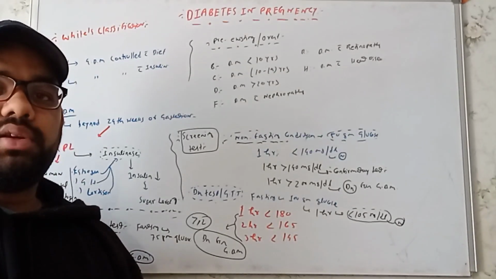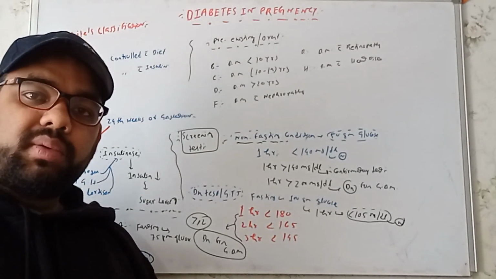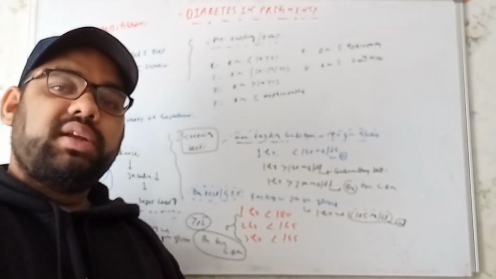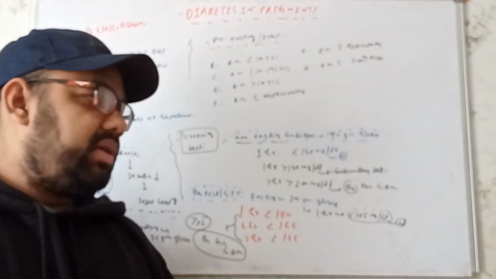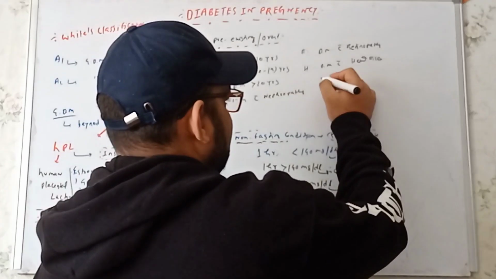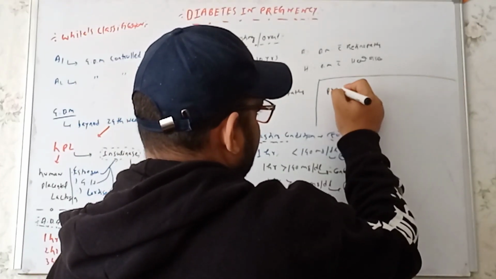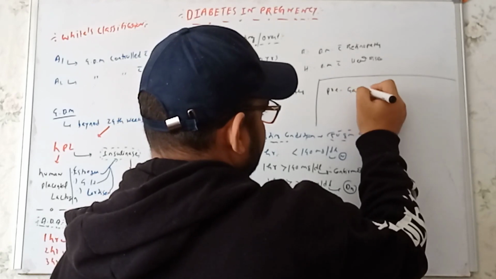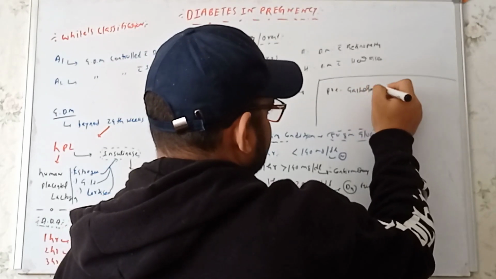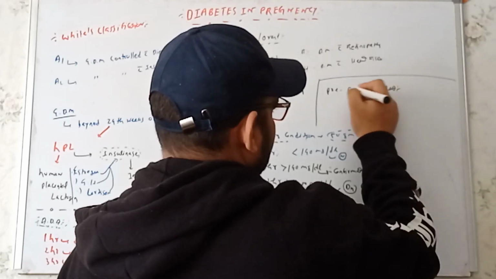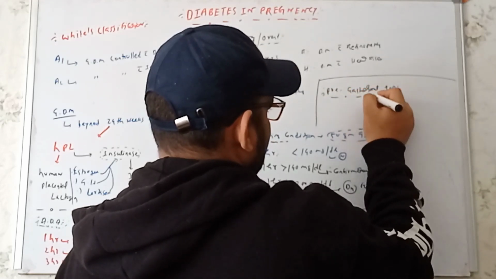So what type of problem will we see in the first trimester? There will be more congenital anomalies, because in the first trimester we know that most of the organogenesis takes place. So this is known as the pre-gestational test, for example, in terms of diabetes.